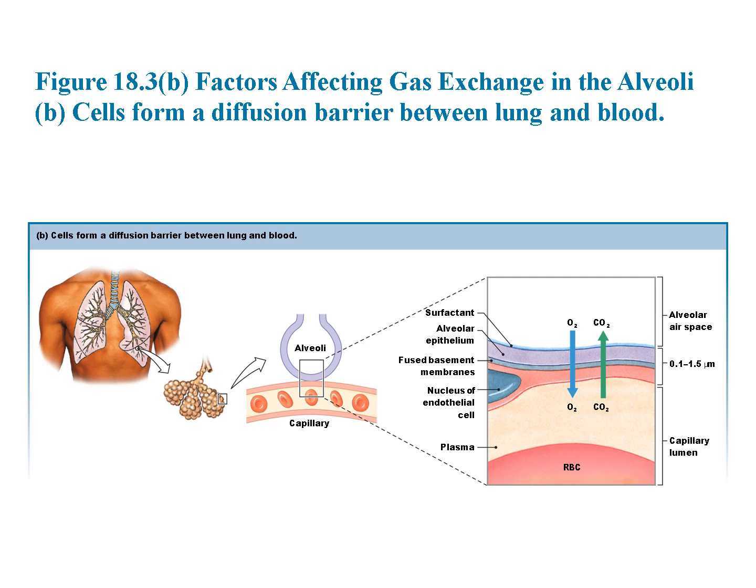Any condition that thickens this barrier, such as inflammation, fluid buildup, or scarring from diseases like pulmonary fibrosis, can impair gas exchange, leading to reduced oxygen levels in the blood and increased difficulty in removing carbon dioxide. Understanding the factors that affect this diffusion barrier is crucial for recognizing and managing respiratory disorders.